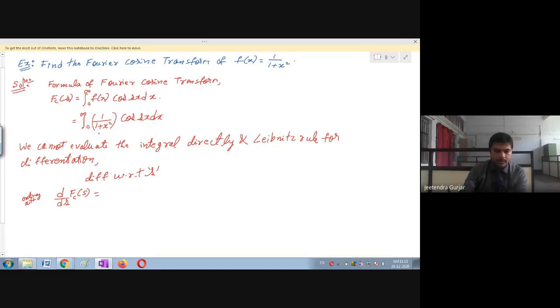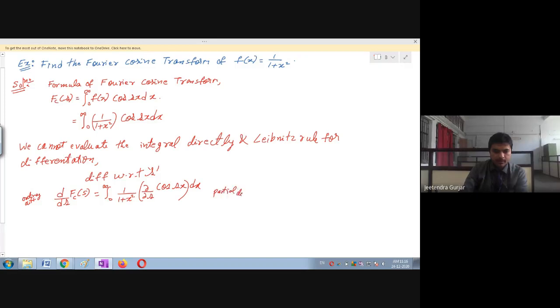But when there is an integral sign, and inside this integral sign there are variables, you can see here x is a variable and s is also a variable. Therefore, for such type of integration, we go for partial differentiation, that is dou upon dou s of cos s x dx.